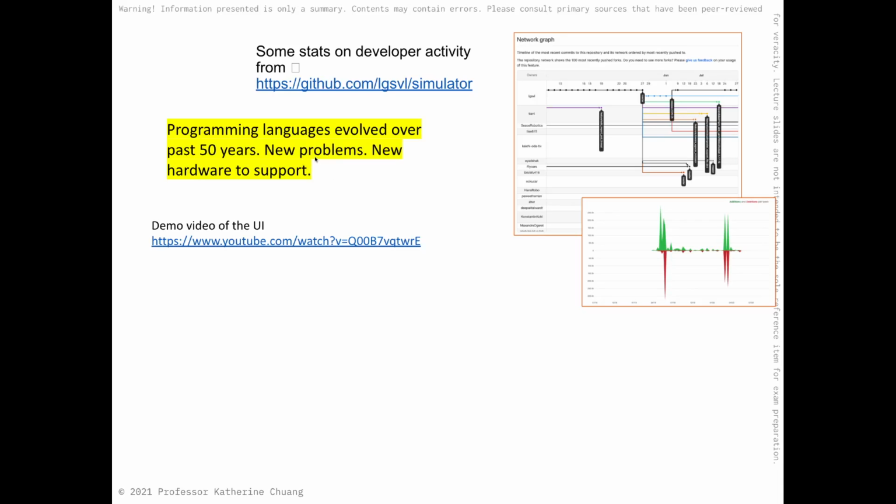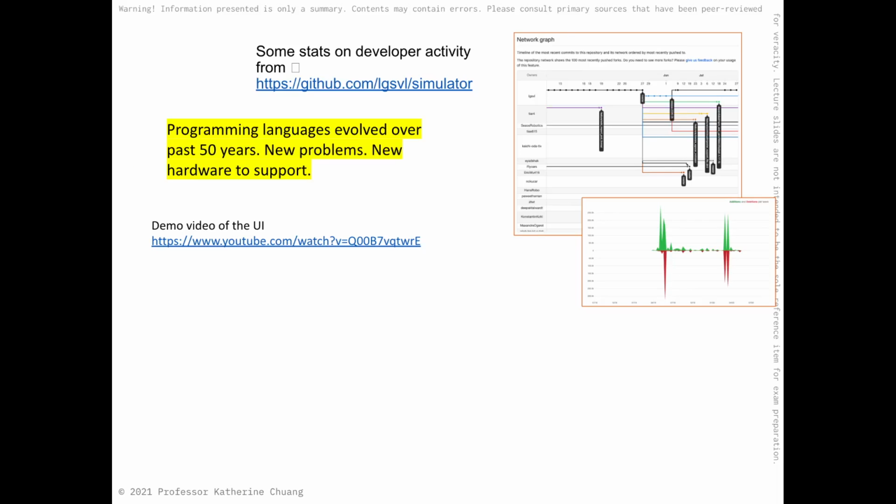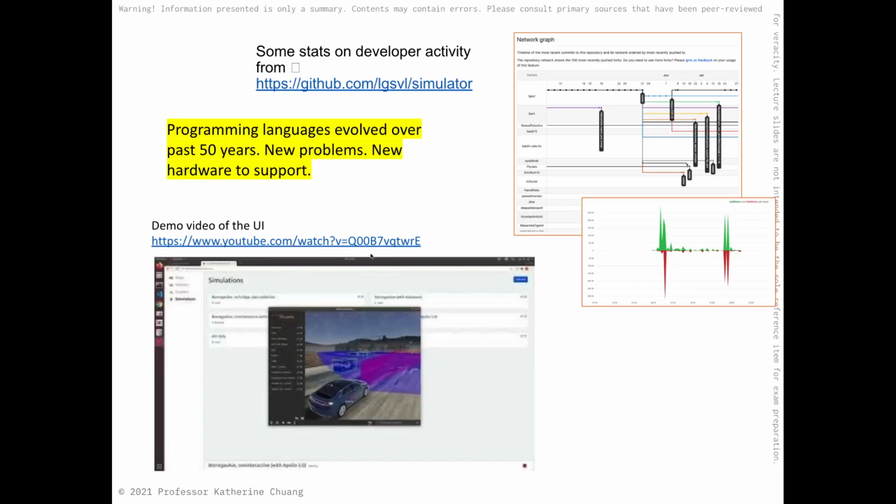Because it's a very long time of evolution, there are new problems that people are working on, new hardware to support, and that's another reason why I brought up this autonomous vehicle example, because cars are also evolving from gas fuel into hybrid into electric cars. So technology keeps evolving. Here's the link to the video if you want to watch the demo. I won't play it now, but that is a screenshot.